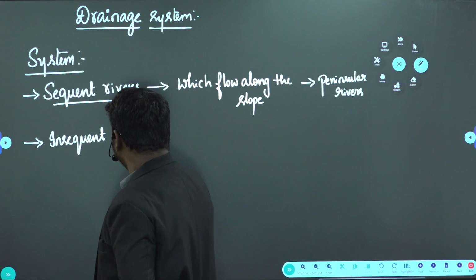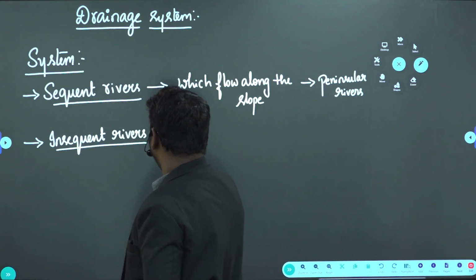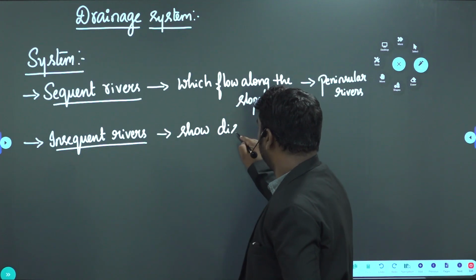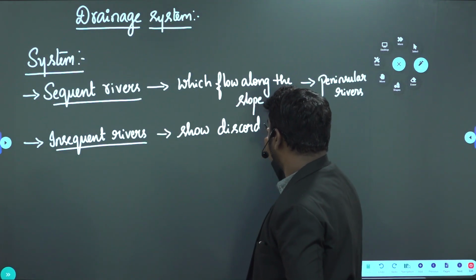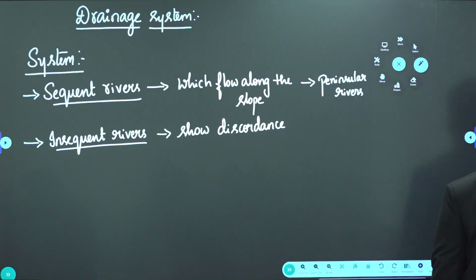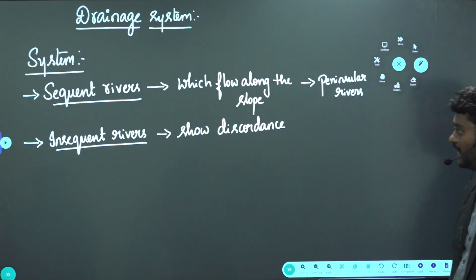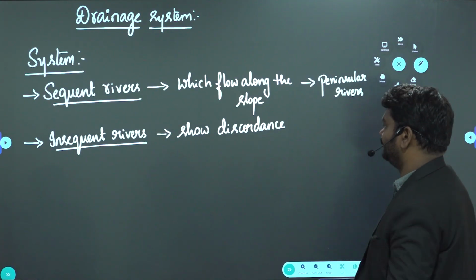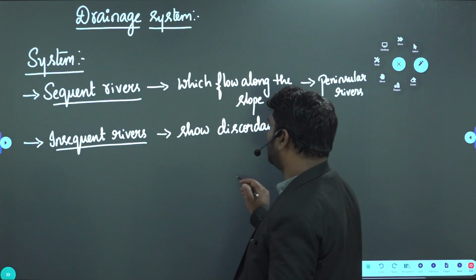Insequent rivers show discordance. This word is important. That means they do not follow the slope. They do not follow the maximum slope. They show discordance.